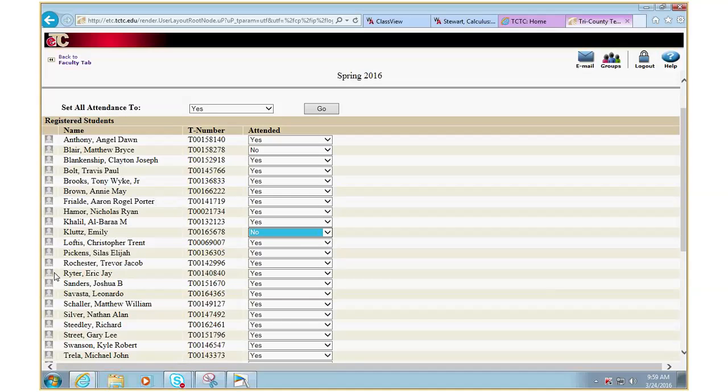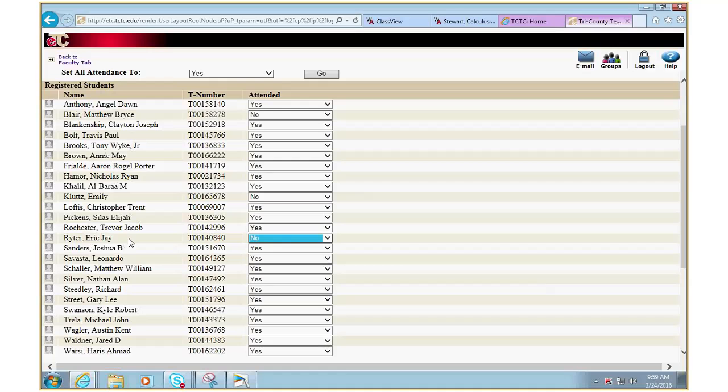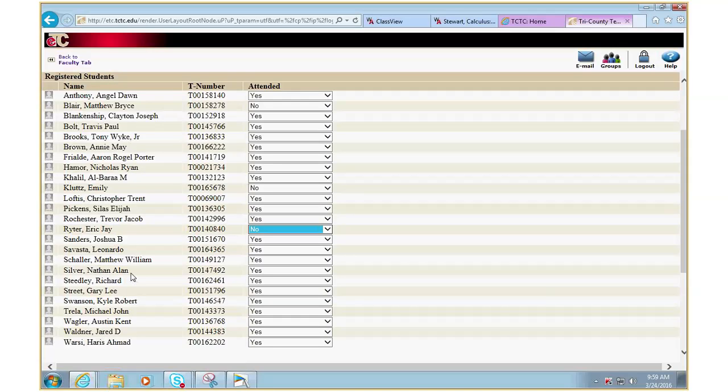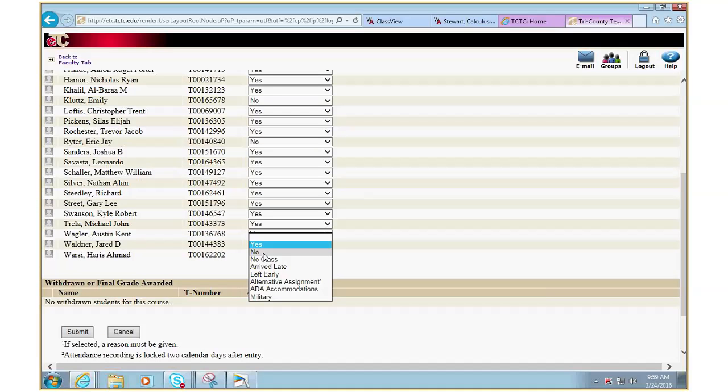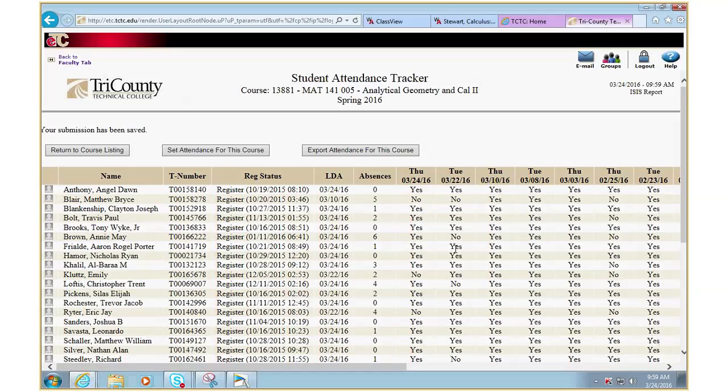Rochester is here. Ryder is not here. Sanders. Savasta is here. Shaller's here. Silver's here. Steely's here. Street, here. Swanson is here. Trela. Wagner. Waldner. And Worsey. Okay.